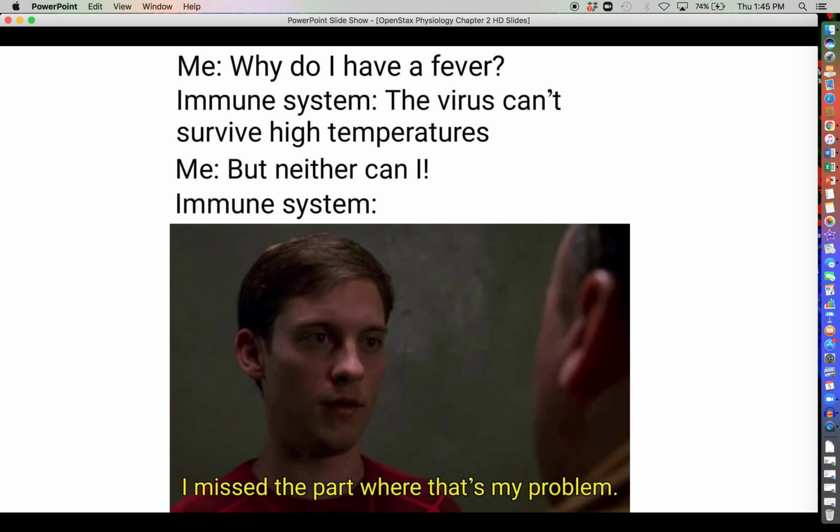But obviously the double-edged sword there is that for us, we don't really like the high temperature either, so it's not in our best interest to be running a fever for very long, which is why it's important for us to have a hypothalamus to make sure that our temperature doesn't run too high. There is your reference back to chapter 1 and homeostasis.